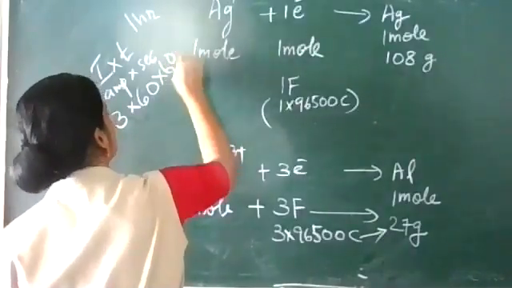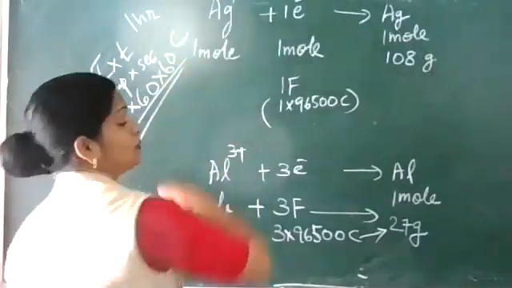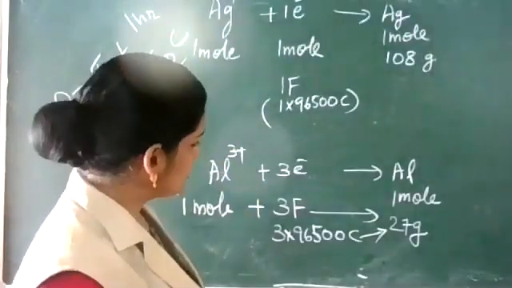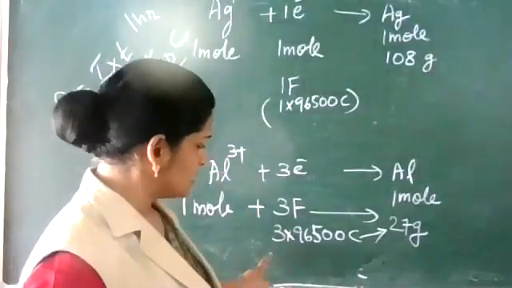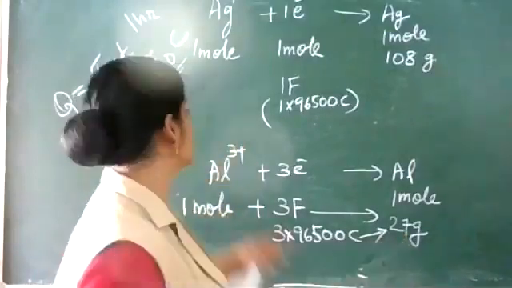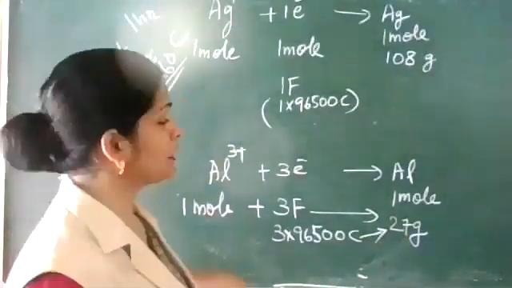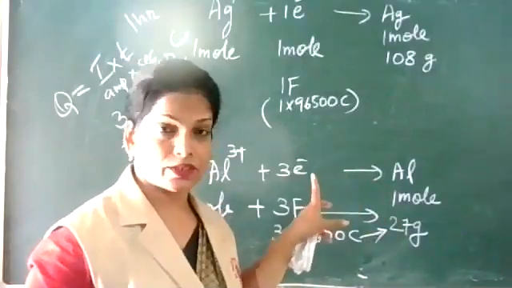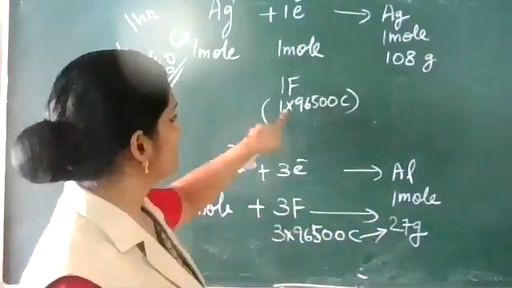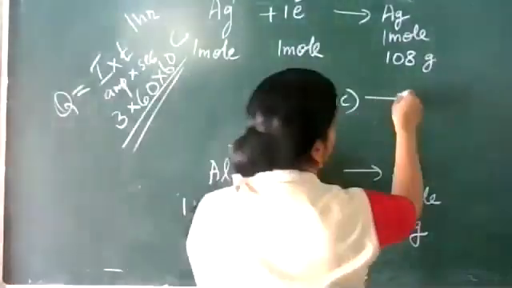So this much coulomb. If it is aluminum, what is the relation? This will give this much. So by the unitary method, this will give how much? That is the relation. Or in the case of silver, this will give 108.